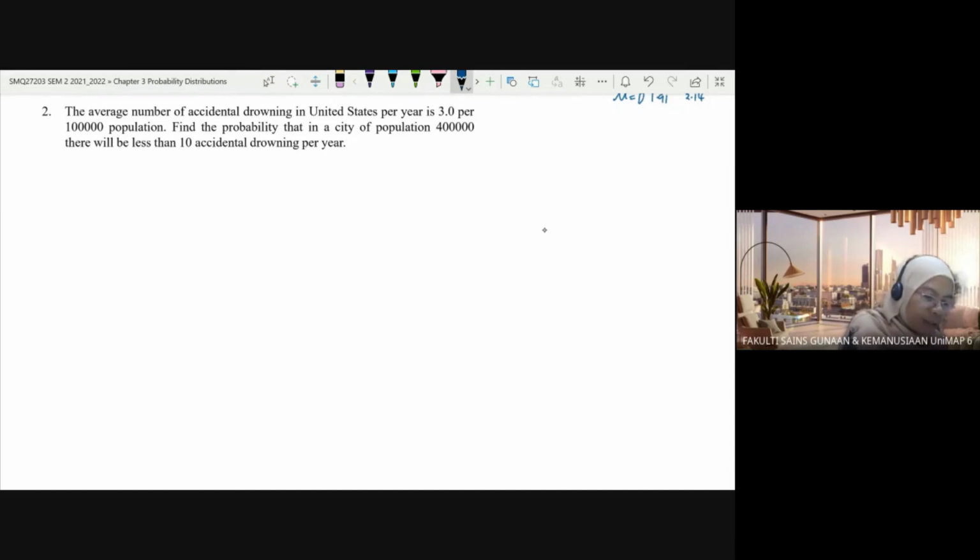Okay, so originally, before we further solve for this equation, define the x. So x in this case is what? Number of success for the Poisson. So there will be number of accidental drowning in United States per year.